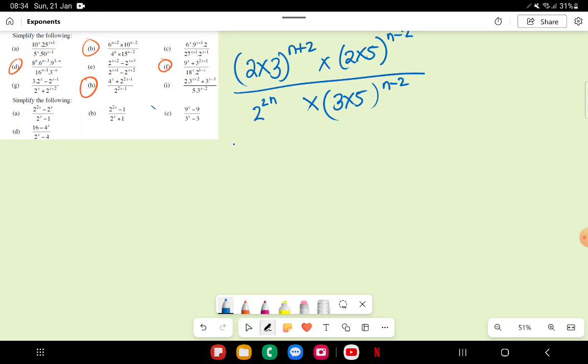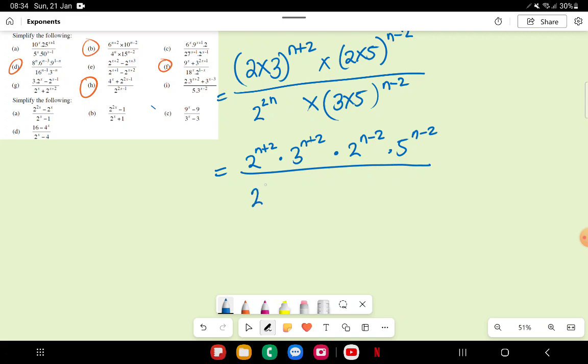So this becomes, and this equals, remember your fraction lines, please, 2 to the n plus 2 times 3 to the n plus 2 times 2 to the n minus 2 times 5 to the n minus 2, over 2 to the n times 3 to the n minus 2 times 5 to the n minus 5.